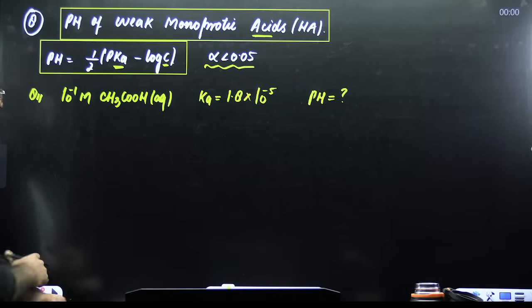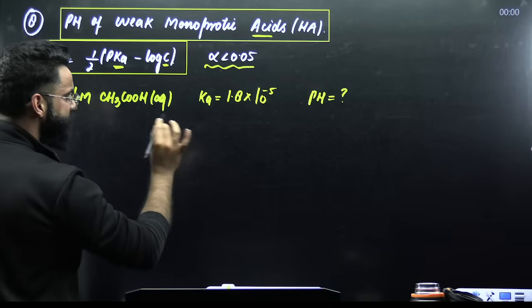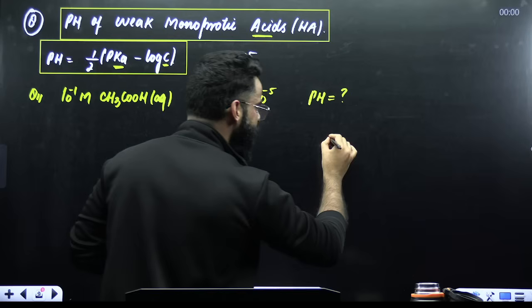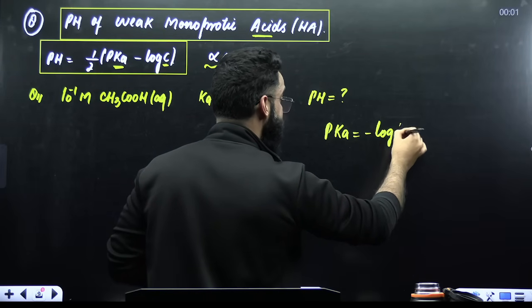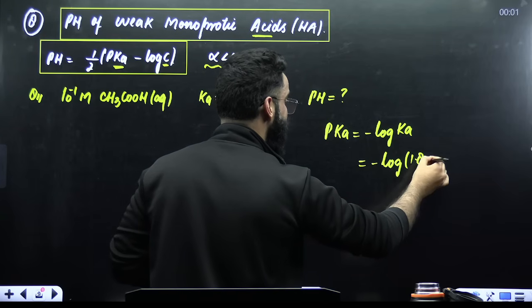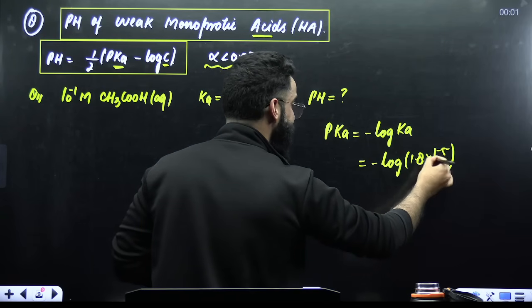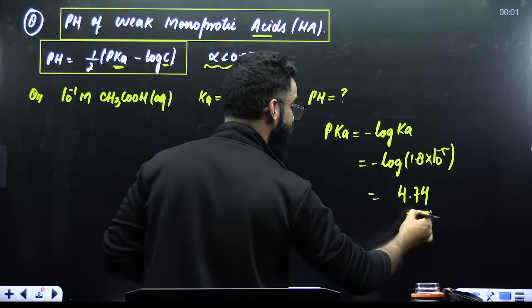Now, for example, understand. First of all, this is a weak acid. I need to calculate its pH. The Ka value is given. First of all, remember, whenever I write pKa, p stands for minus log. So it means minus log of Ka, so minus log of 1.8 into 10 raised to the power minus 5. From now onwards, remember this result: minus log of 1.8 into 10 raised to the power minus 5 is nothing but 4.74.